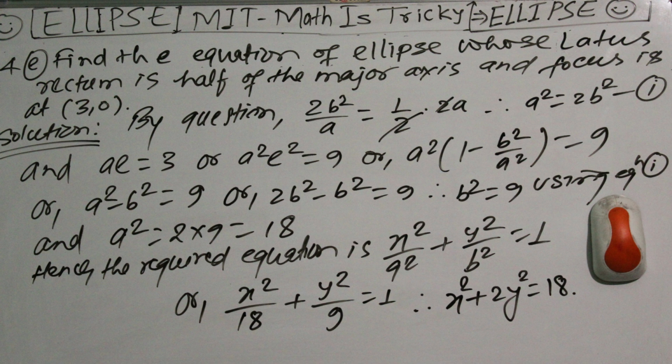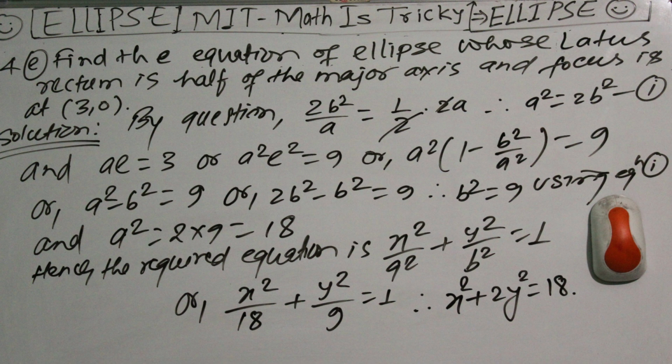Also we are given focus is (AE, 0) which is (3, 0), means AE equals 3. From that we get a square e square equals 9, and we can put the value of e square as 1 minus b square by a square, and on simplification we get b square.